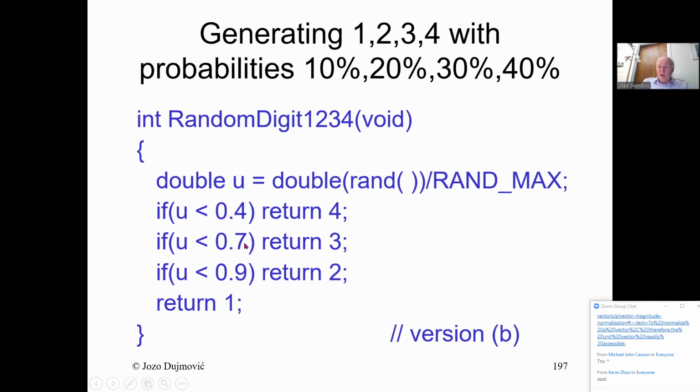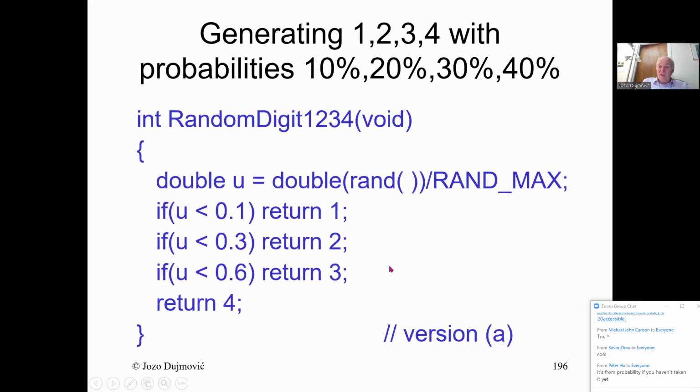If u is less than 0.7, therefore between 0.4 and 0.7, this happens in 30% of cases, so return 3. If u is between 0.7 and 0.9, this happens in 20% of cases, I return 2. And in all other cases, in 10% of cases, I return 1. This works exactly the same as version A.